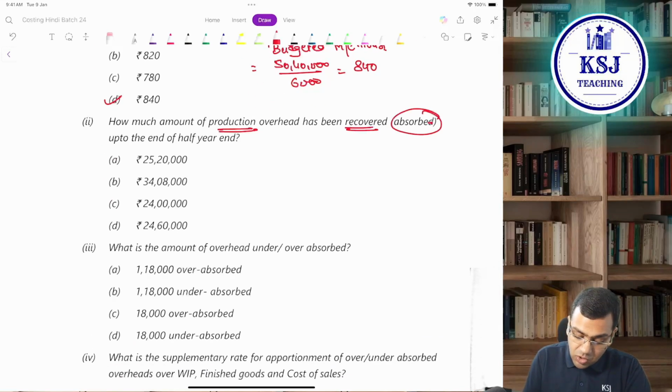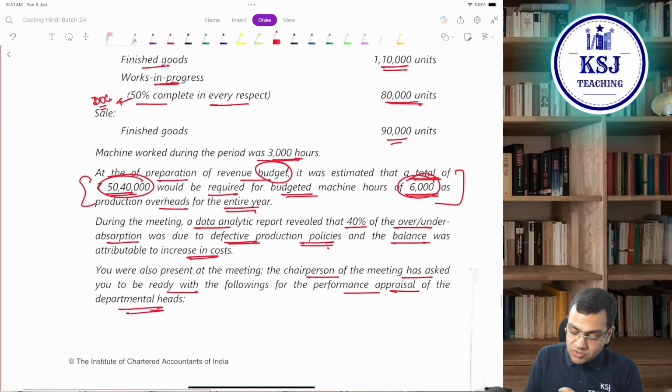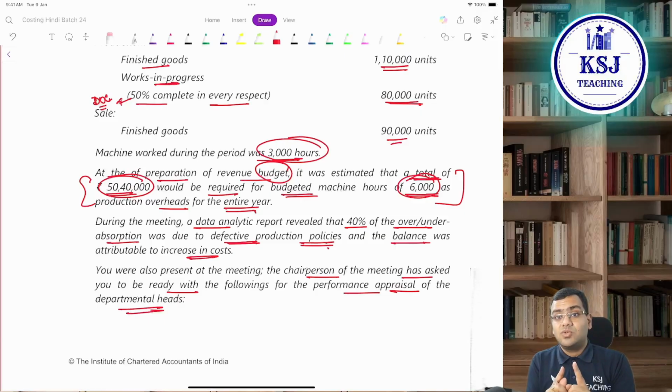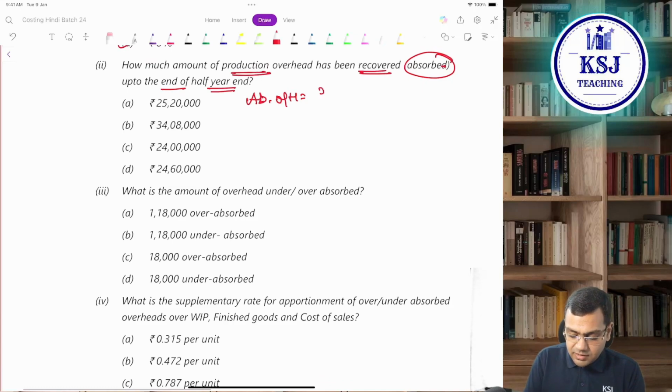Next, how much amount of the production overhead has been recovered, that means absorbed up to the end of the half year? How do you calculate the absorbed overheads? What is the base here? The base here says for every 1 machine hour, your absorption rate is 840. So what is your actual number of hours which are worked? That is 3,000 hours. The machine has worked for 3,000 hours.